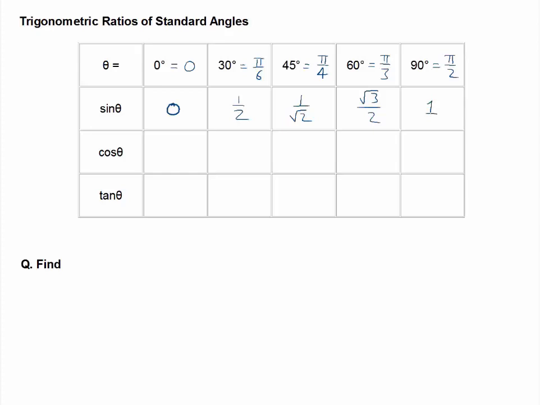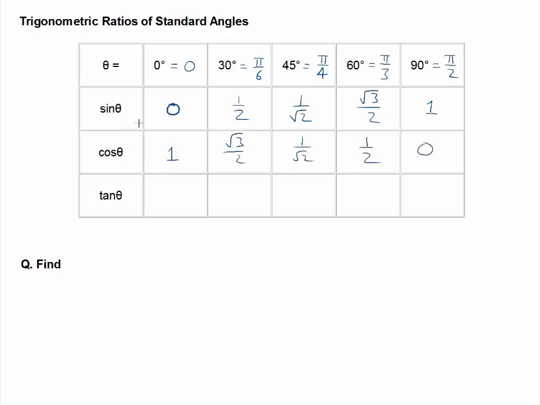So we have to memorize the values of sine of these standard angles. Now once you have memorized this, cos of these standard angles is just the reverse of these 5, which is 1, root 3 by 2, 1 by root 2, 1 by 2, and 0.